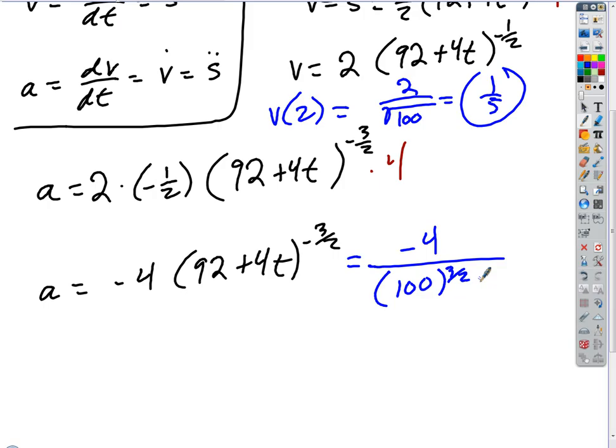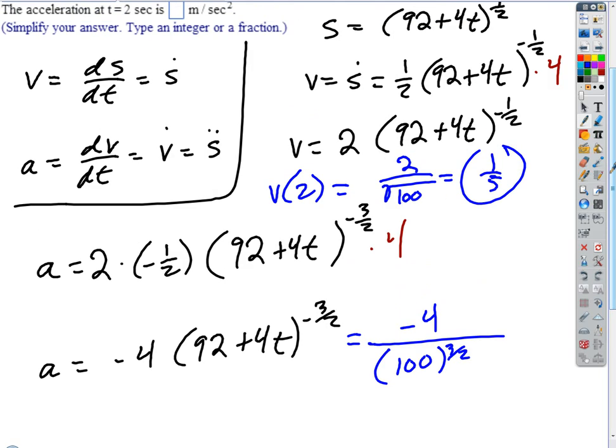For acceleration, how do you get s double dot? Just because velocity is to position as acceleration is to velocity. When you differentiate velocity, all we're doing is taking the velocity function and differentiating that. Think what we've done to the position then: we differentiated once to get velocity, and twice to get acceleration.